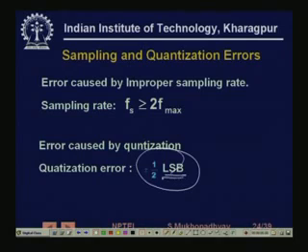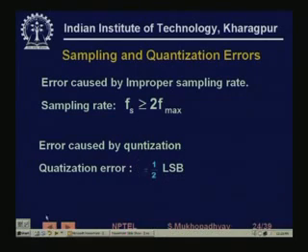Now the weight of the LSB becomes very small, and therefore these errors can sometimes be neglected. Generally speaking, these errors are gradually becoming more insignificant.